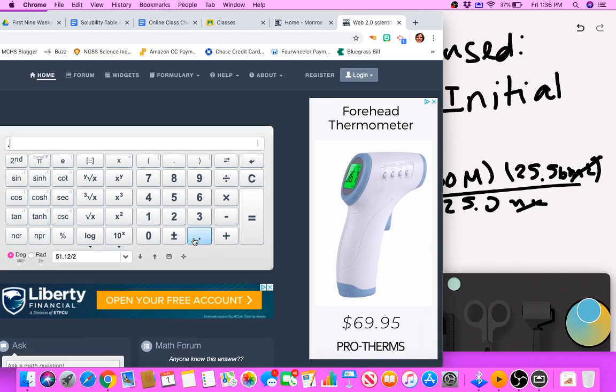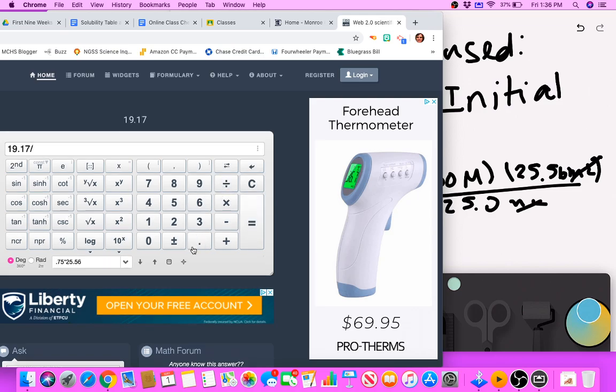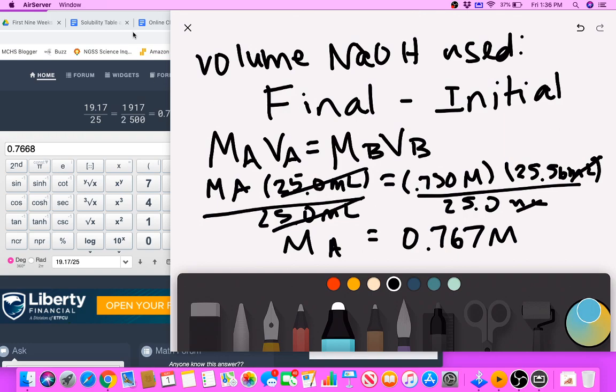So again, 0.750 times 25.56 equals, divided by 25.0. Everything we're using here, the least number of significant digits is 3, so we use 3 significant digits, and that will be 0.767 molar for our MA. And that's what I wrote here, 0.767 molar for our MA.